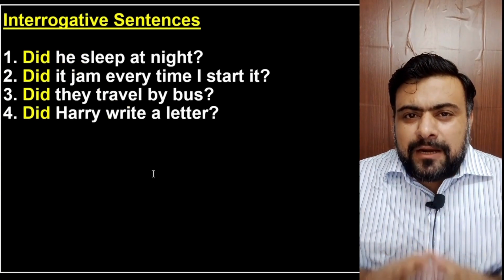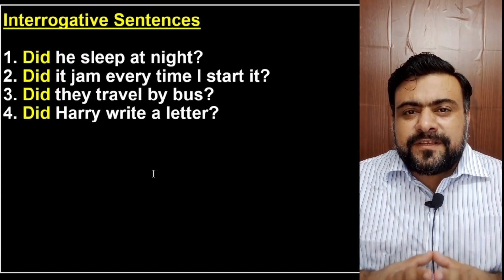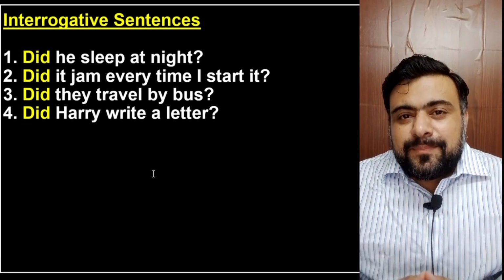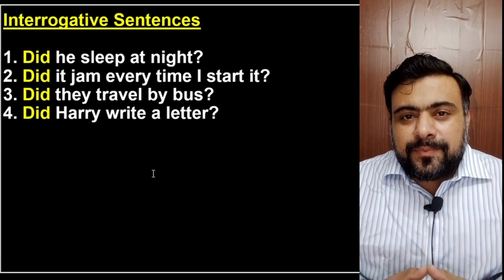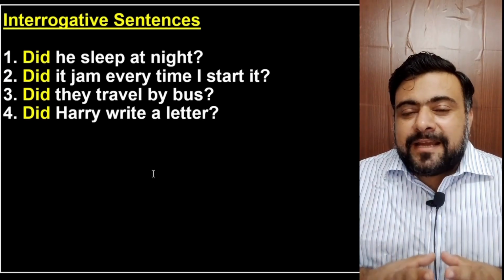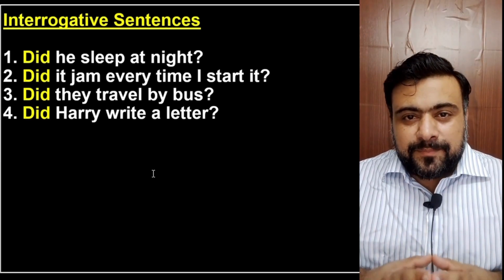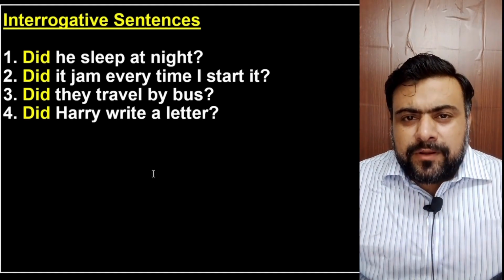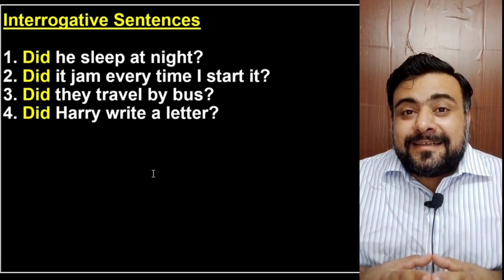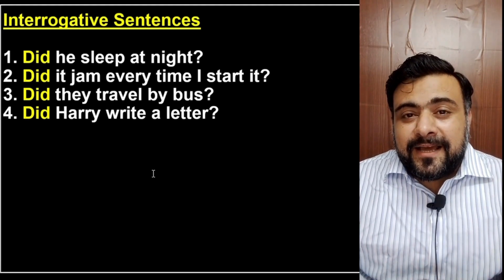To make the interrogative or the questions of the simple past tense, we simply put did at the start of the sentence. For example, he slept at night. This is the affirmative, the positive. What will be the question? What will be the interrogative of this sentence? Did he sleep at night?